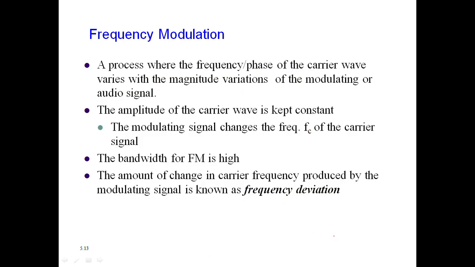Of course we will change the frequency of the carrier, and the amplitude will be the same. The modulating signal changes the frequency of the carrier. For bandwidth, we have to know the frequency deviation.